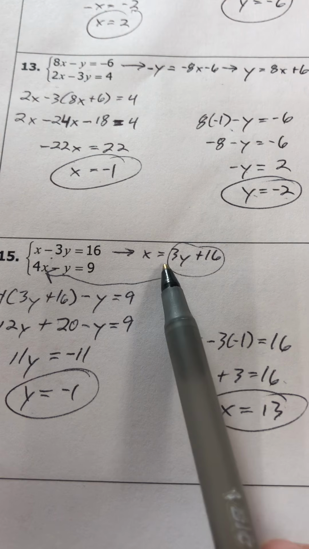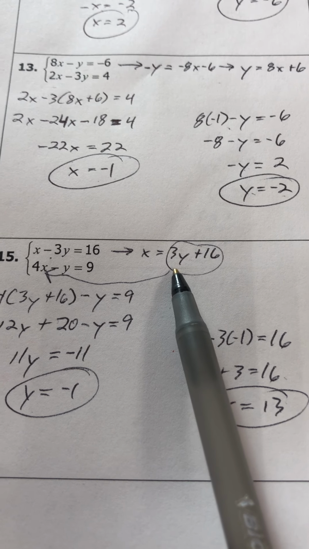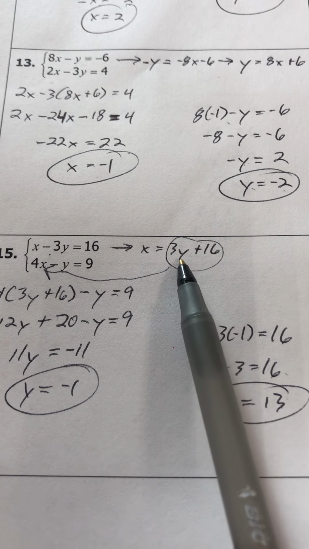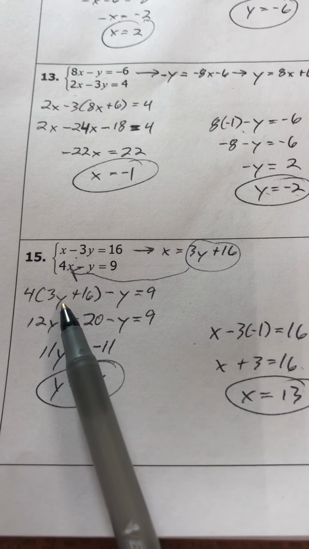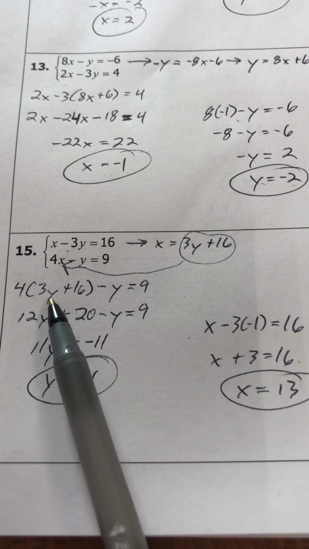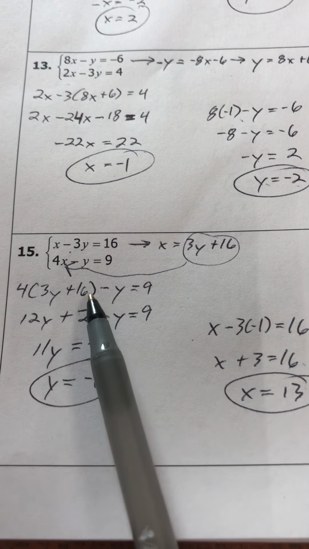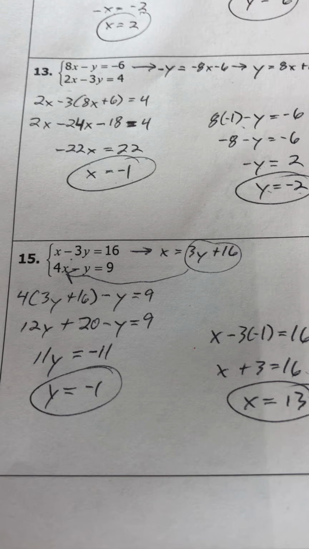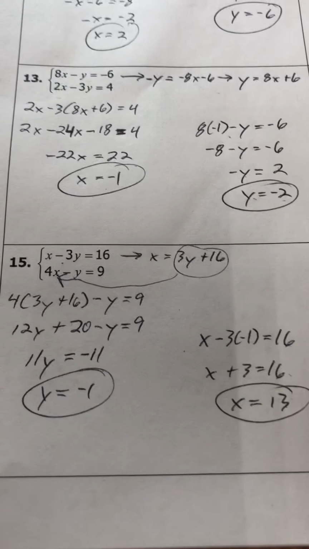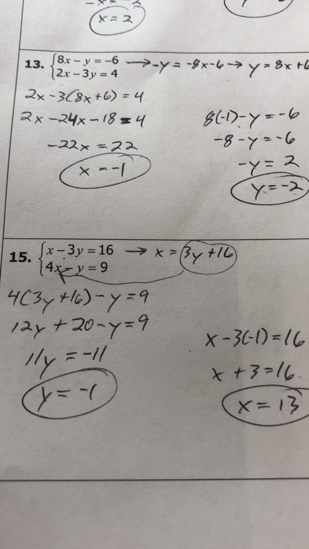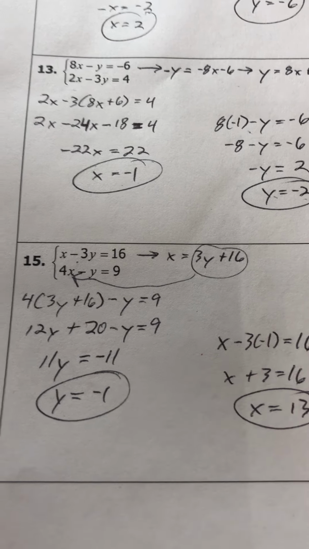This is going to be x equals 3y plus 16. I added 3y to both sides, just checking it. And 4 times 3 is 12. 4 times 16 is what I need. 4 times 16. I see my problem right off the bat.